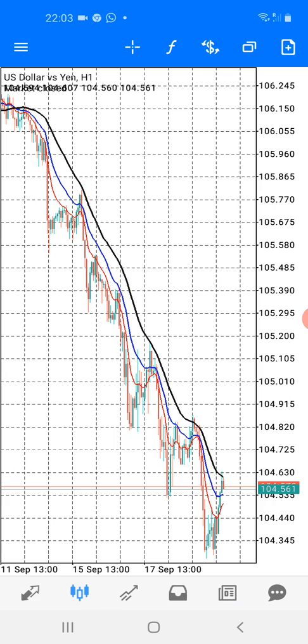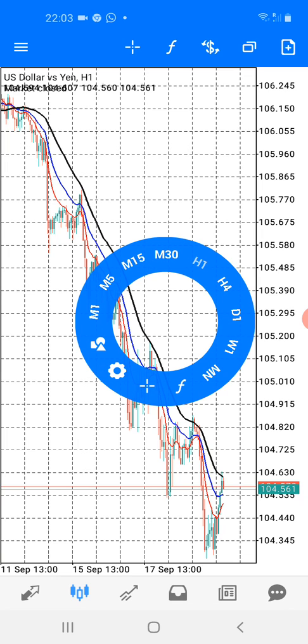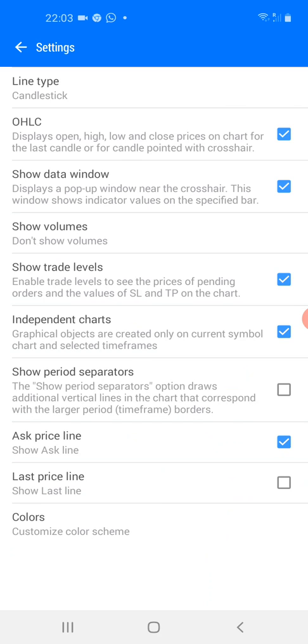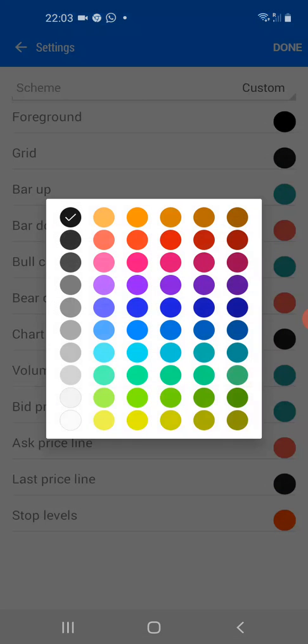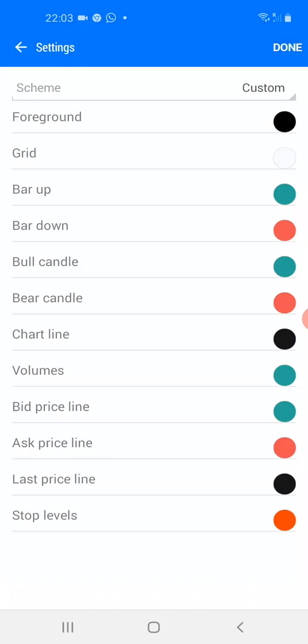So for you to use this strategy so perfectly, what you need to do is go to the same settings. This is the first thing you will do. Come to this show period separators, turn it on, go to colors, turn off the grid and set it to white. White background, or if you are using a black background, you have to, but I think it's best working with a white background.